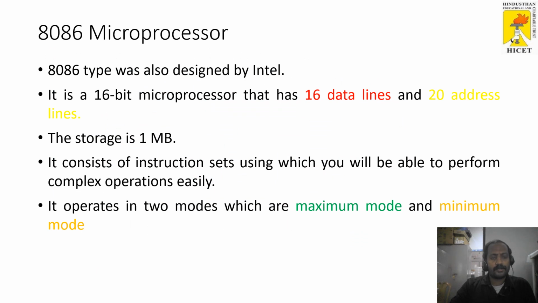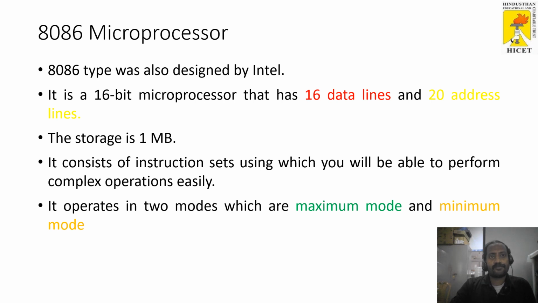Another important basic microprocessor is 8086, which is an enhanced version of the 8085 microprocessor. It was designed by Intel in 1976. It is a 16-bit microprocessor which has 20 address lines and 16 data lines, and the memory it can address is up to 1 MB.